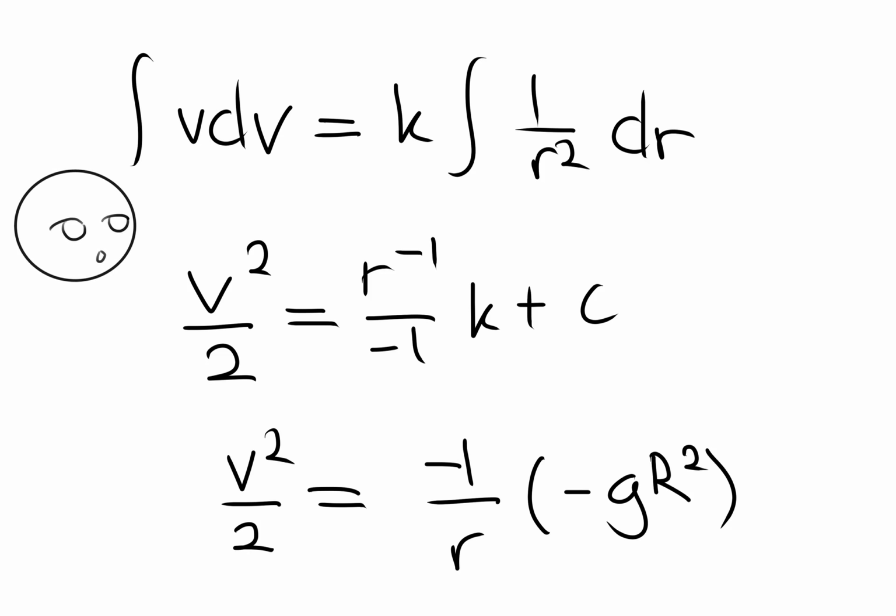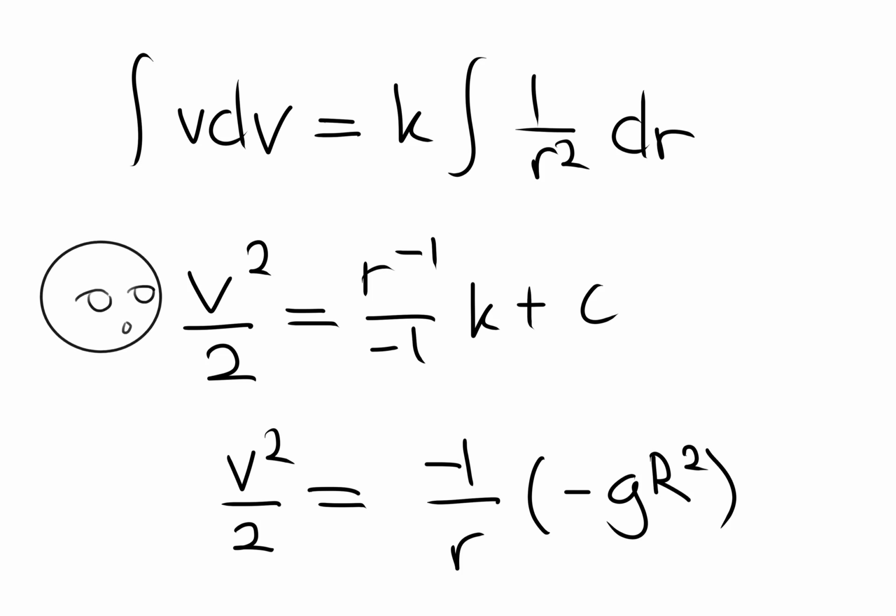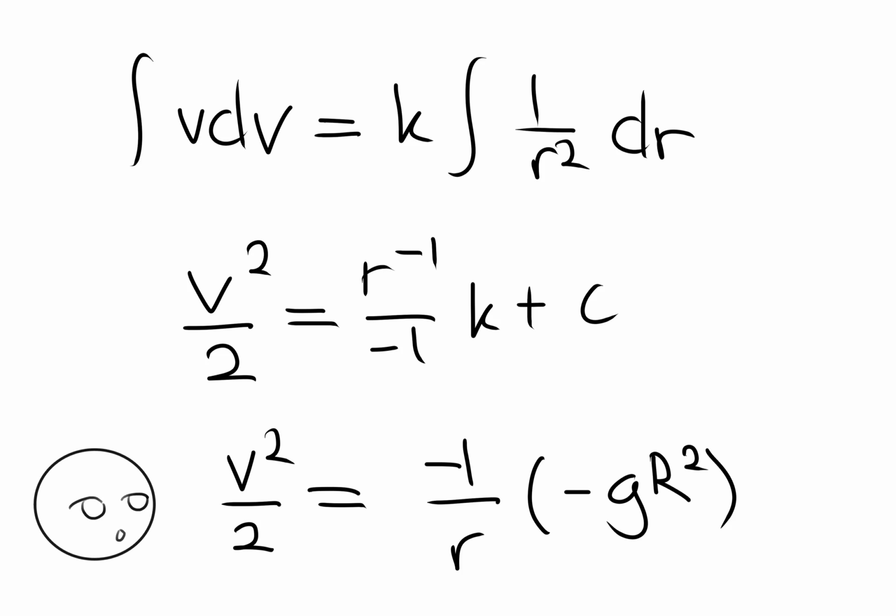Now we have to integrate V times dV equals K times the integral of 1 over R squared times dr. After that, V squared over 2 equals R to the power of negative 1 over negative 1 times K plus C. Then our result will be V squared over 2 equals negative 1 over R times (negative g R squared).